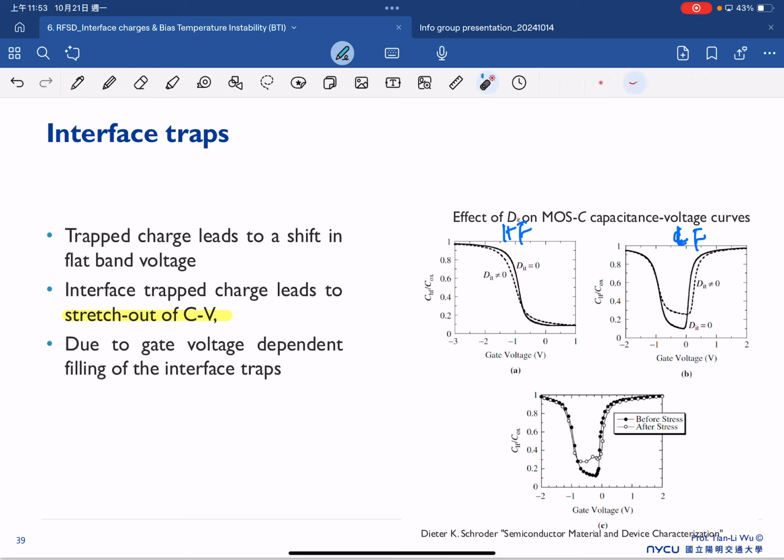But when we have a DIT here, we start to see the stretch out of our curve. So as DIT increases, the CV curve stretches out.